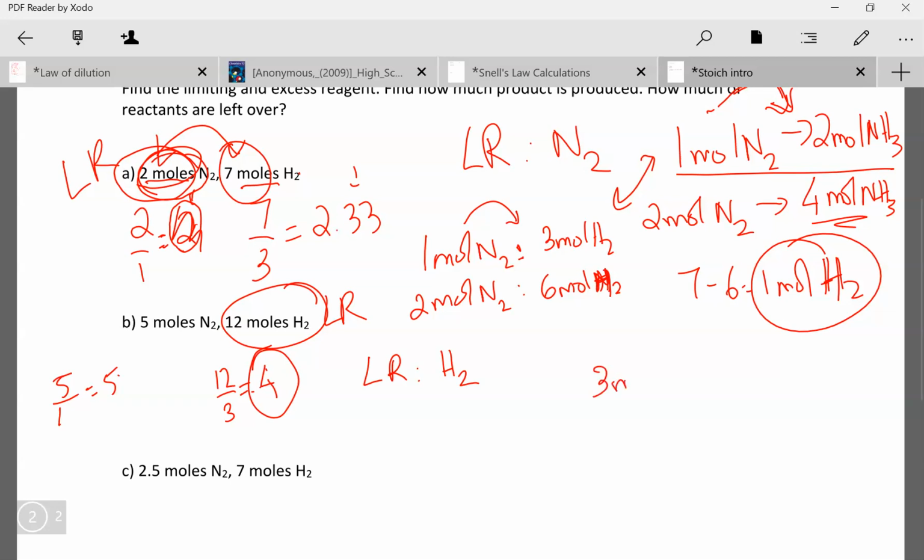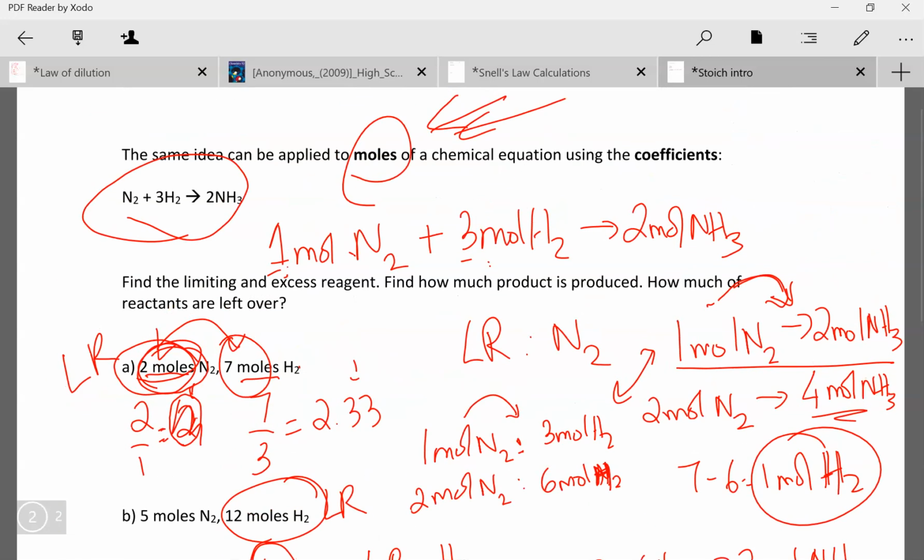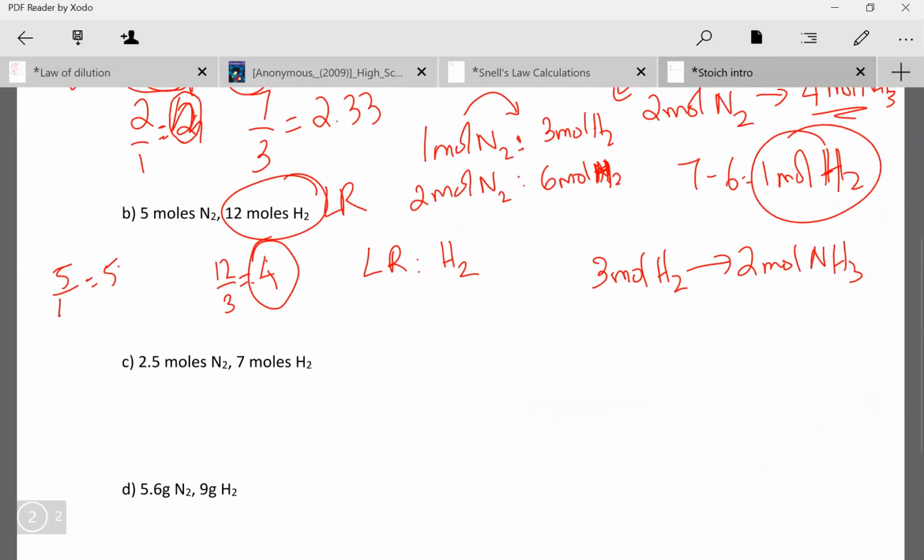So I know 3 moles of hydrogen gives me 2 moles of ammonia of my product, because I got this from my balanced equation. 3 gives me 2. Now I have 12 moles of hydrogen. So to get from 3 to 2, basically I had to divide by 3 and then multiply by 2.